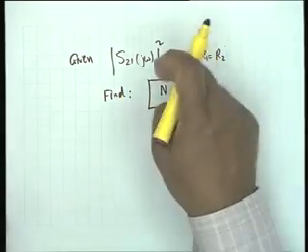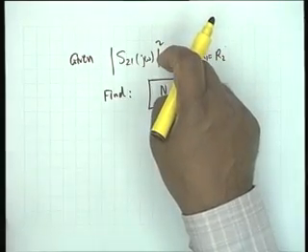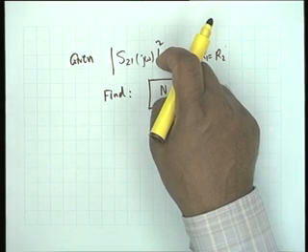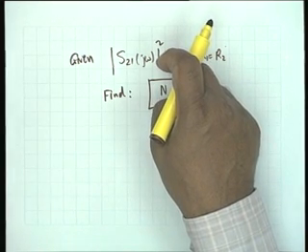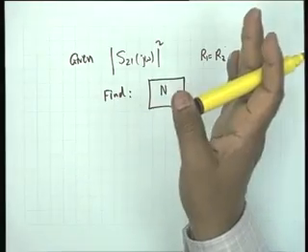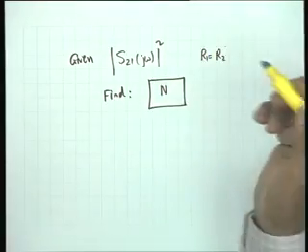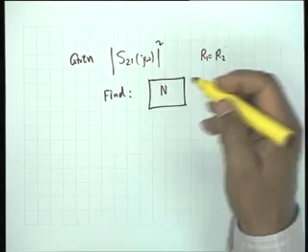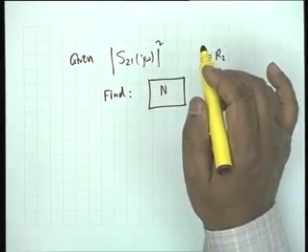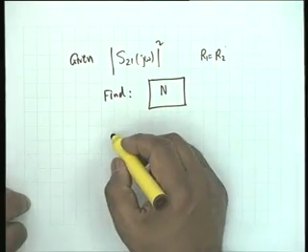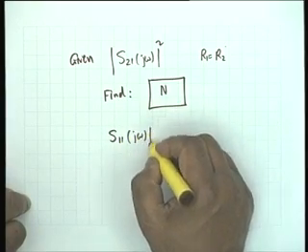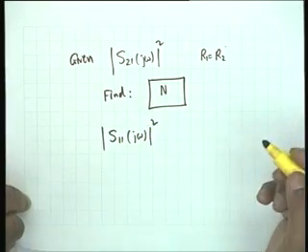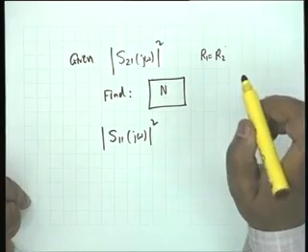This relates the response to the excitation. It is proportional to twice V2 by Vg1 magnitude squared. This is given and the terminating conditions are given. You are required to find the network N. So the first thing that you do is you recall that for S11(j omega) squared and N, we want it to be lossless.